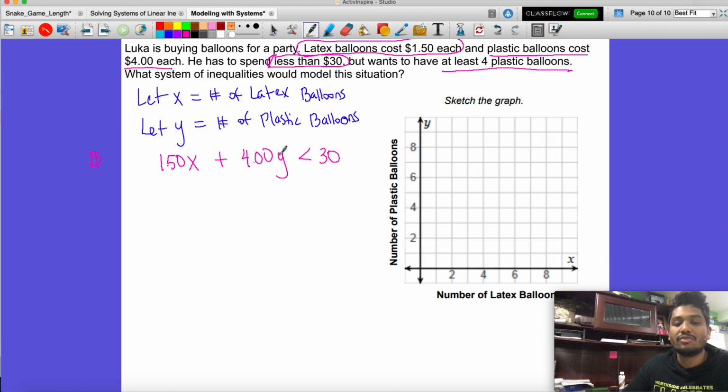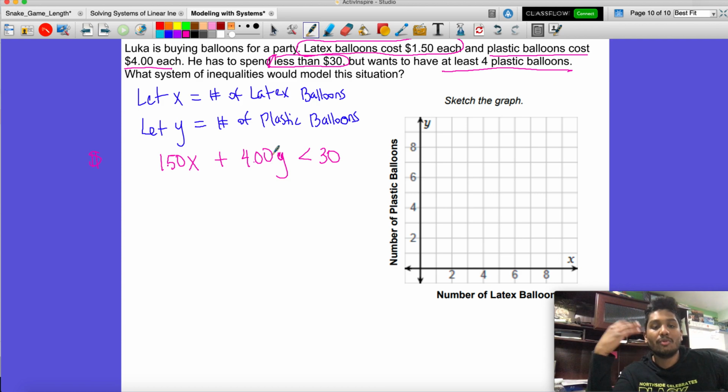Remember, y represents the number of plastic balloons, so the more you buy, the more you pay. If y was 5, that means he wants 5 plastic balloons, each costing $4, so this would be $20. So this tells you the total amount for each type of balloon, and he wants to make sure that when he adds up that total, it's less than $30.